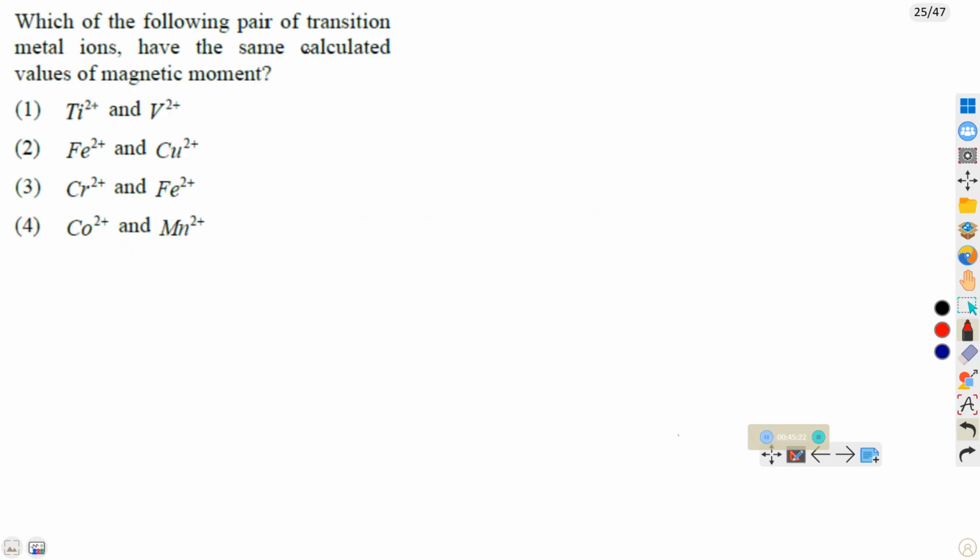Which of the following pair of transition metal ions have the same calculated value of magnetic moment? Mu value is calculated by using the formula square root of n into n plus 2 Bohr magnetons. N represents number of unpaired electrons.